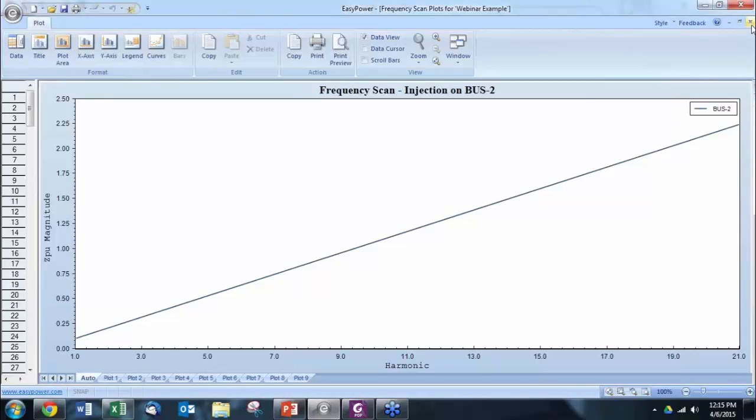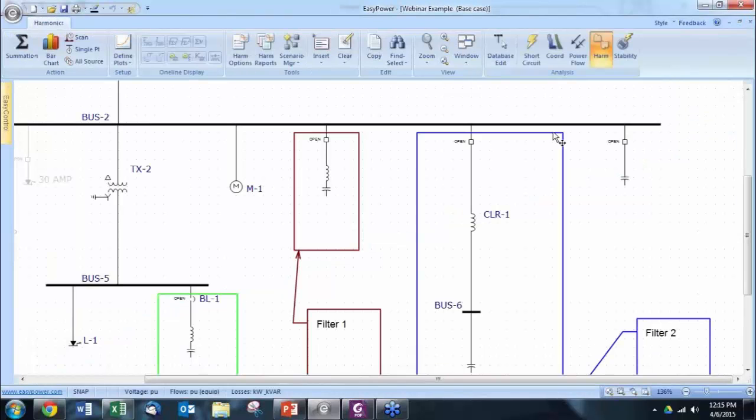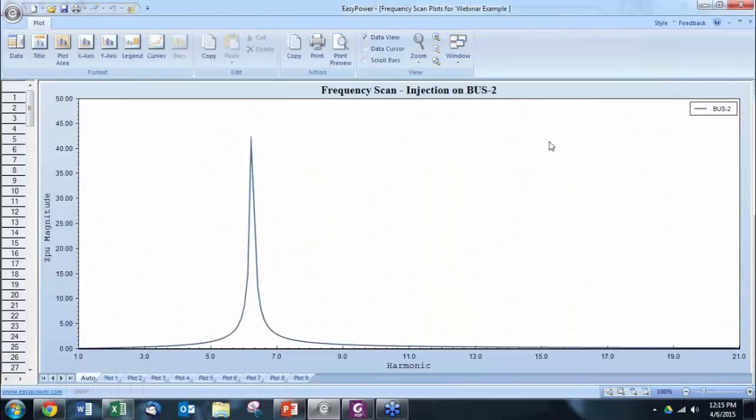Everything is inductive in a power system. So when we add a capacitor, that bus will have a resonance point. And everything that is inside this curve, any harmonic that is inside this curve, will be amplified.